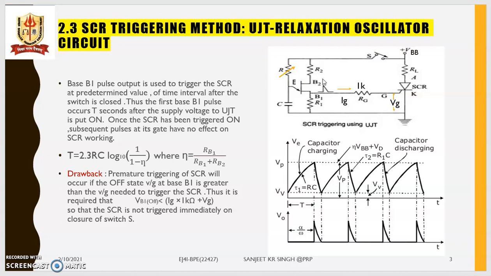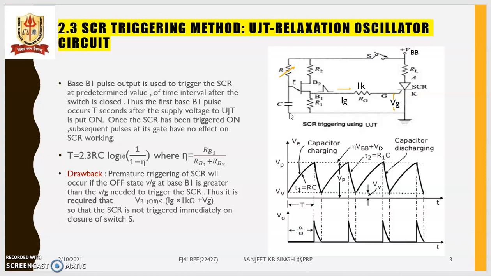We can obtain negative pulses at base 2, but here base 1 provides the positive pulses and is favorable for the turning on of the SCR, which is forward biased with the same supply with a current limiting resistor or a load connected, say here.